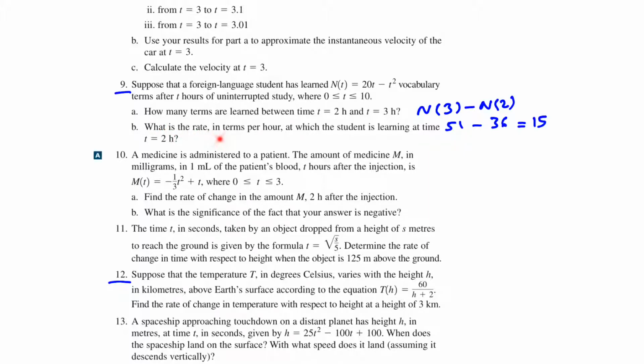What is the rate in terms per hour at which the student is learning at t equals 2 hours? We are looking for the instantaneous rate of change at t equals 2.